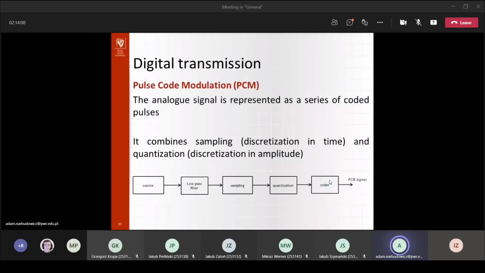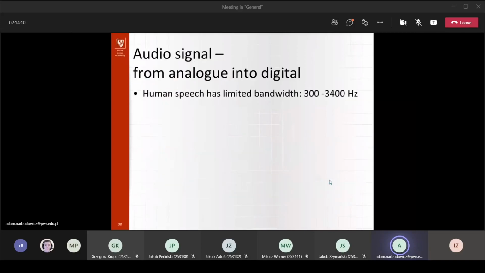So just to put some numbers into this, we assume again here human speech, which has a limited bandwidth of 300 to 3,400 hertz.